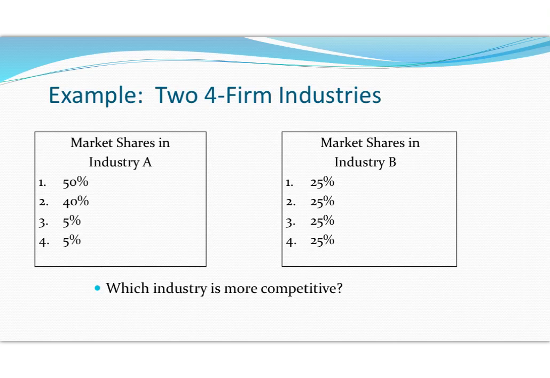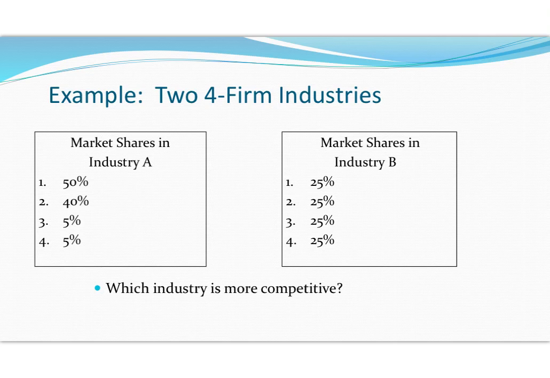Obviously, that's a question that's up for debate. Most of you will have a gut feeling on this, and I know what most of your guts are going to be saying, but there's not necessarily a right or wrong answer here. It's an opinion. However, most are going to say that Industry B looks a lot more competitive than Industry A because you have 4 firms and they're all equal size. So competition-wise, none of them should have substantial advantages over the others.